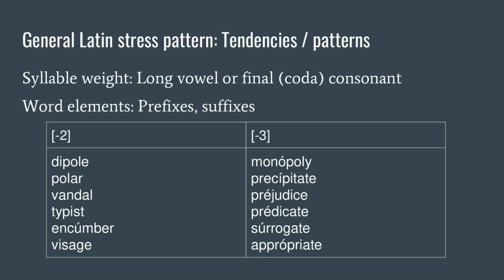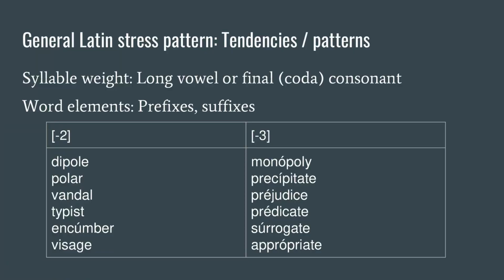So the di in dipole, long vowel. Polar, vandal, short vowel, but it's got an n. That syllable has a coda consonant. Vandal, encumber, short vowel, but with a final consonant in that syllable. Otherwise, if the -2 syllable is not heavy, the stress will tend to go to the -3.